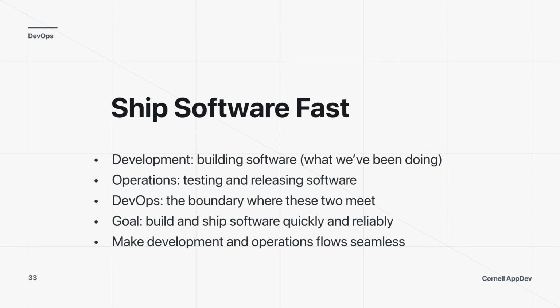Instead of writing the entirety of, for example, Facebook, from the early 2000s into what it is now, DevOps is like each couple months I'm going to release something and test it and stuff like that. And so the goal is because you want to be able to ship your software quickly and reliably, and we want to make this process seamless and easy.